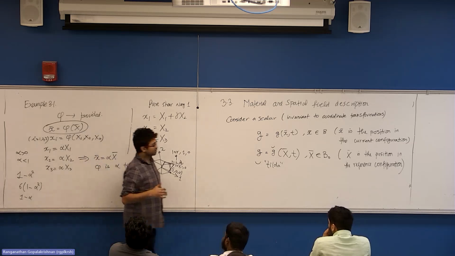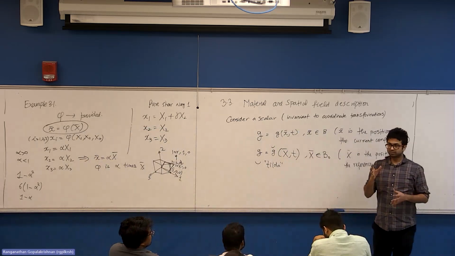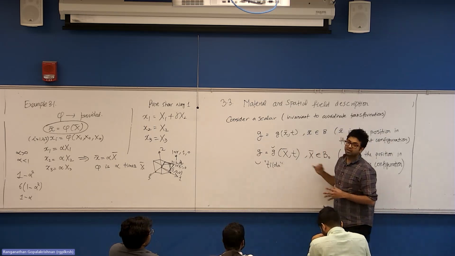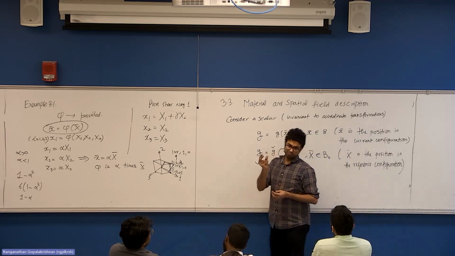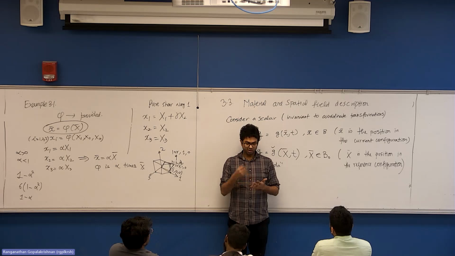In solid mechanics, most often, if you think about it, you are interested only in the material description. You take a little piece of metal. You're doing any kind of sheet metal work or any kind of manufacturing, like machining.